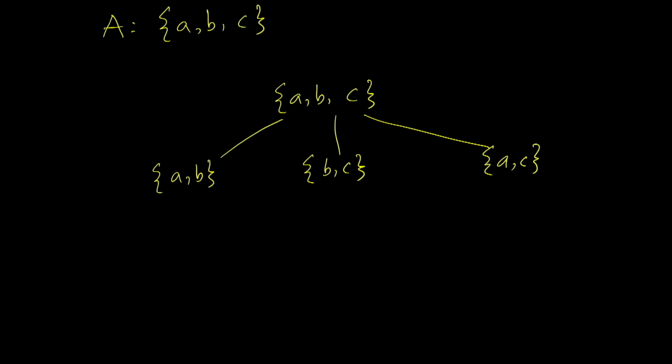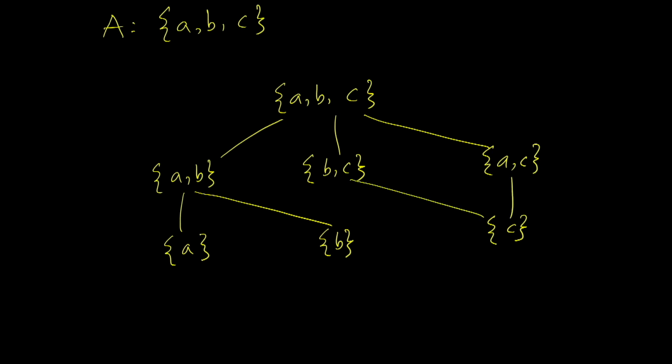Similarly, bc is also an immediate predecessor of abc. Then we have singletons a, b and c. We have edges of this sort. And then we have the empty set.